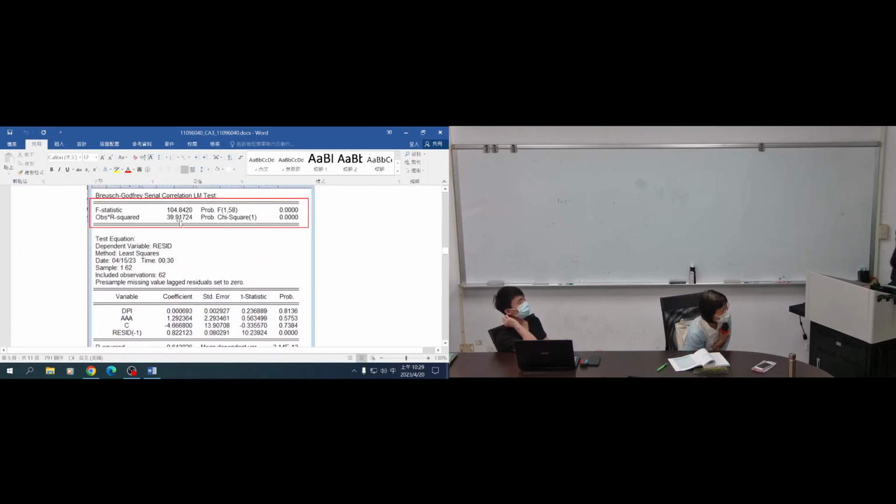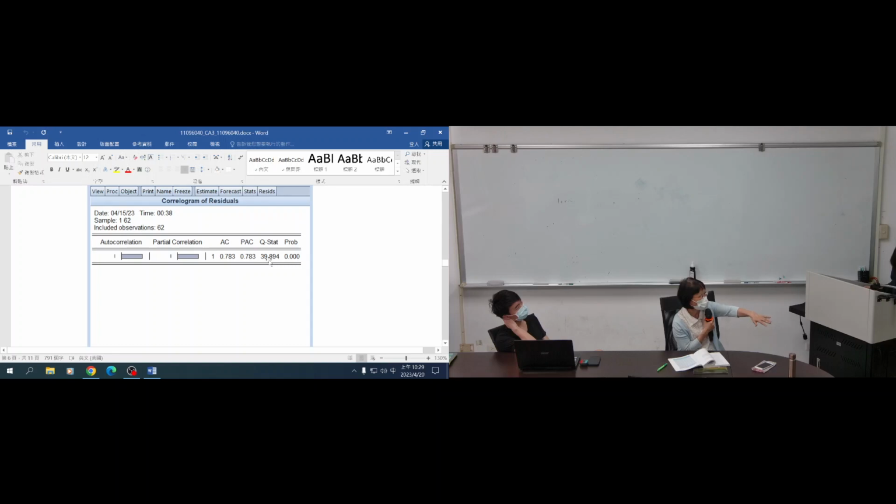The LM is 39.91 something, and Q is 38.89 something, because the logic behind is similar, but they use different formulas. There's a little bit of difference in the decimal numbers.